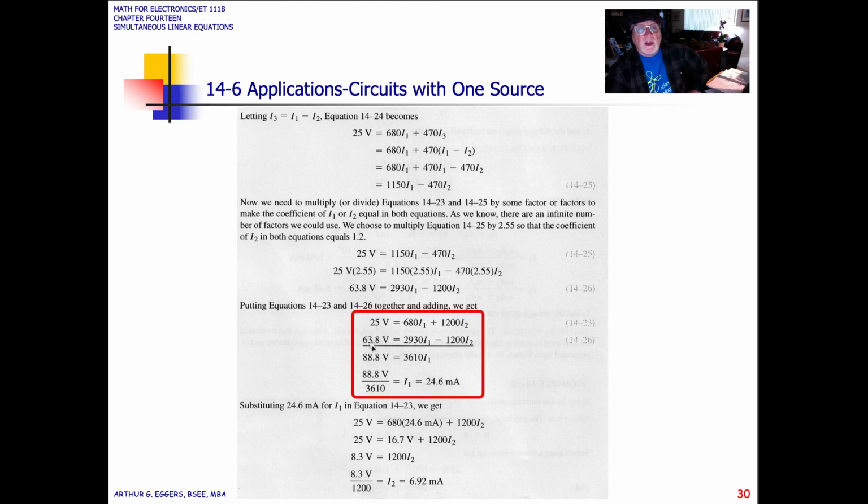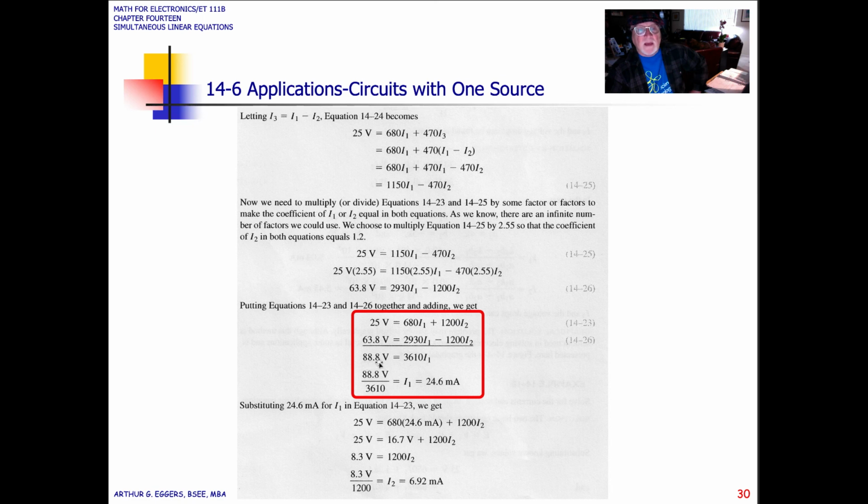And then we can add the terms together so that we can eliminate. The whole idea behind multiplying through by 2.55 is so that when you added them together, we end up with a difference of 1200 here and 1200 here. It cancels out, and all we're left with is I1.